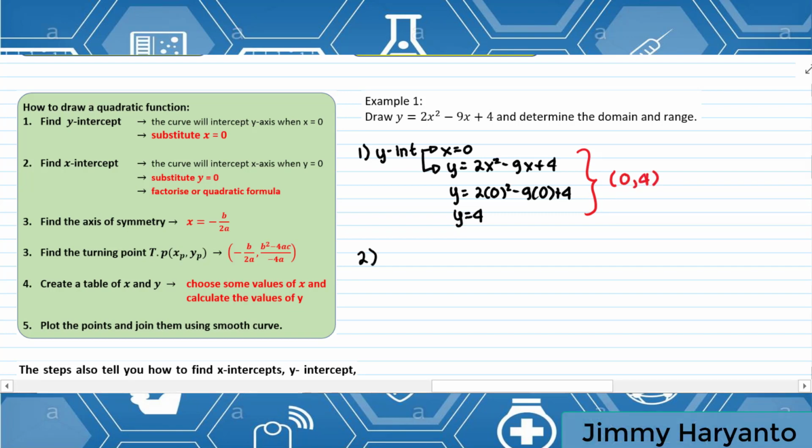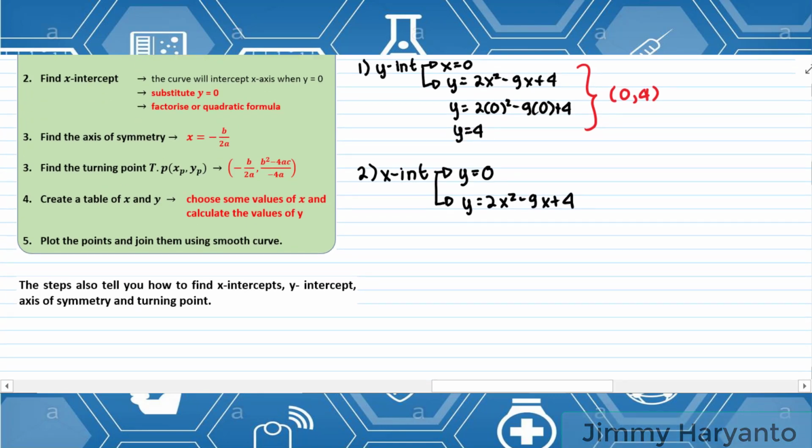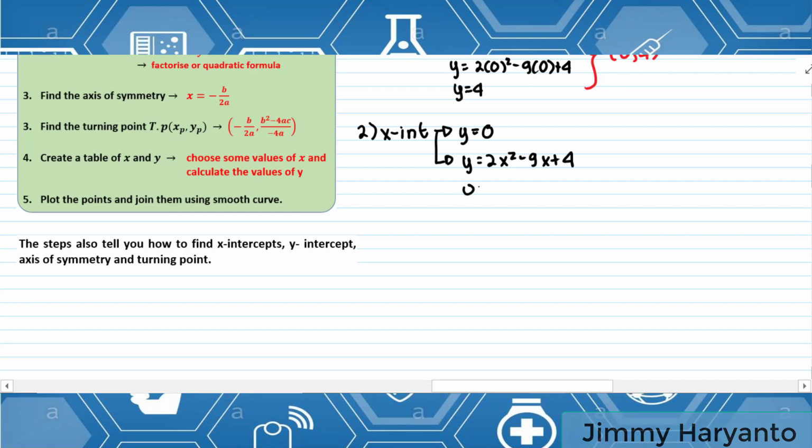The second step, x-intercept. The x-intercept is the opposite of the y-intercept. Y equals 0, so I have to put y as 0: 0 equals 2x squared minus 9x plus 4.